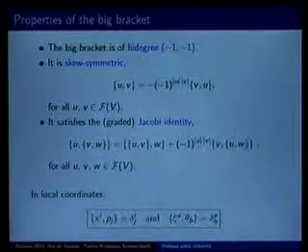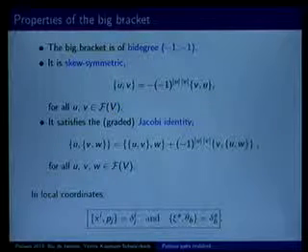And I can already announce that I didn't write any proofs, or maybe just one in the file. Each proof is: use the graded Jacobi identity as many times as necessary. So here are the properties of the big bracket.